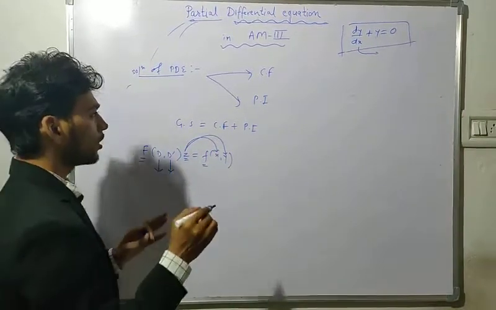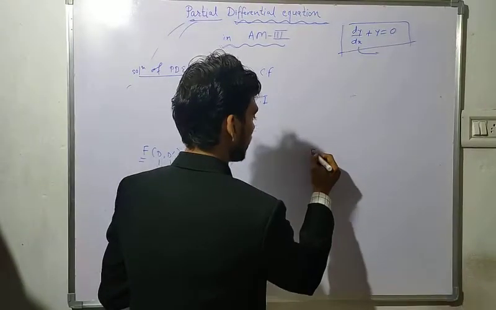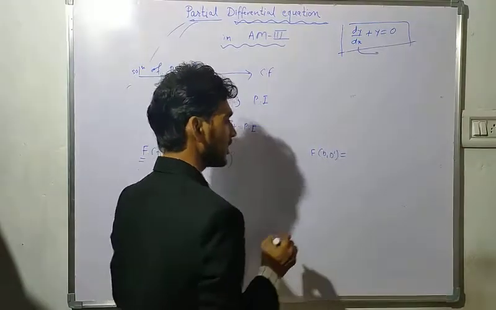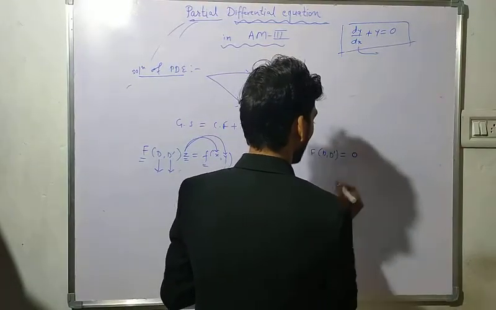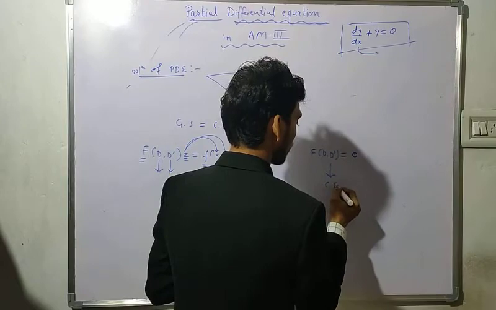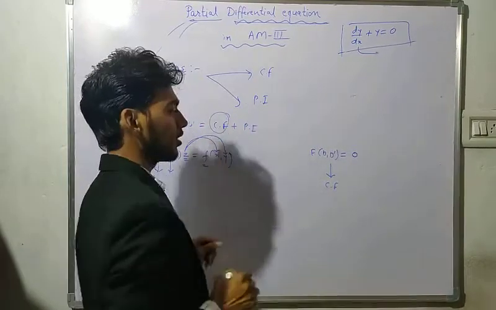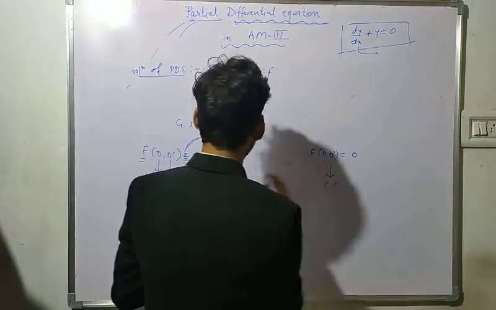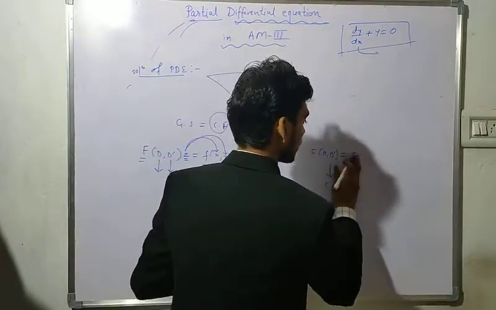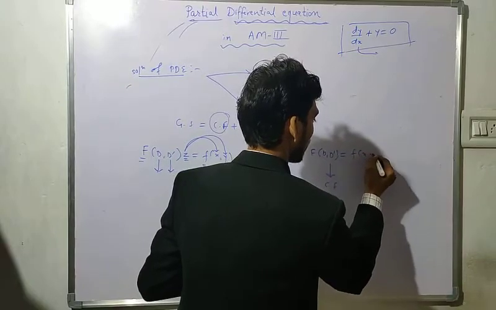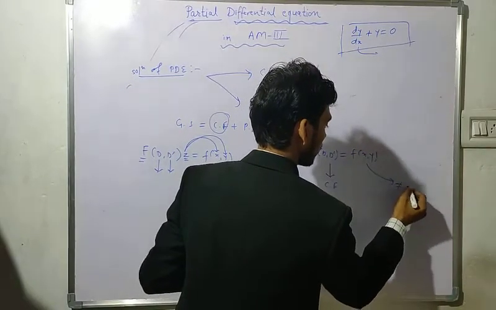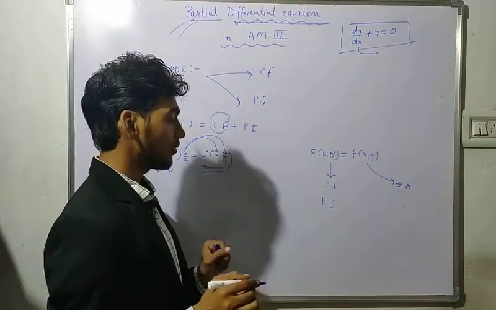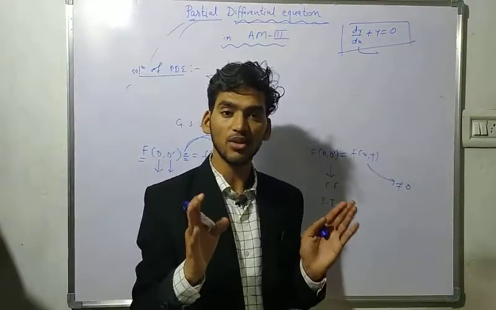So if the partial differential equation F of D, D dash is equal to 0, then we have to find only CF, that is only a single part of the solution. But if f of x comma y is non-zero, then we have to find PI. And in first year we have seen the different cases of PI.